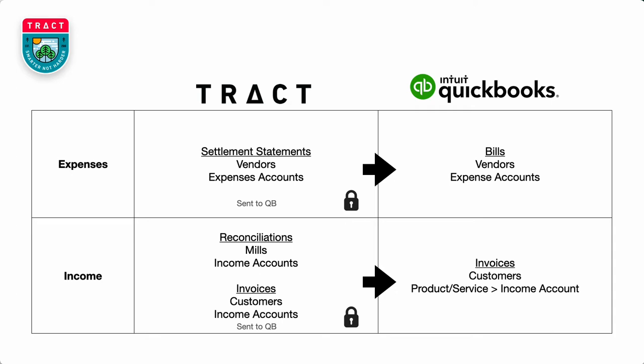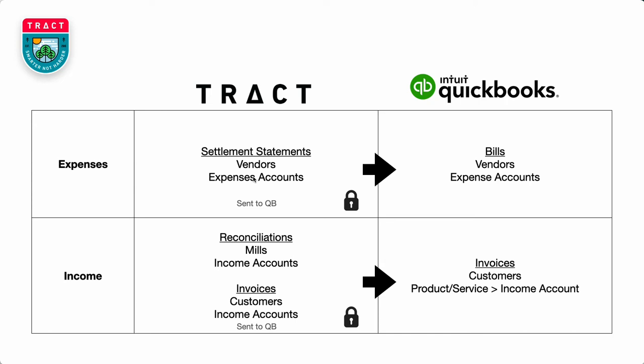So we send it over to QuickBooks as a bill, and then you can decide how you want to pay it. You could send 10 statements over to QuickBooks, and then you could print them immediately, or you could run them in a couple of days, or you could choose one or two to pay. That's really up to you when you actually pay the bill and get the check out.